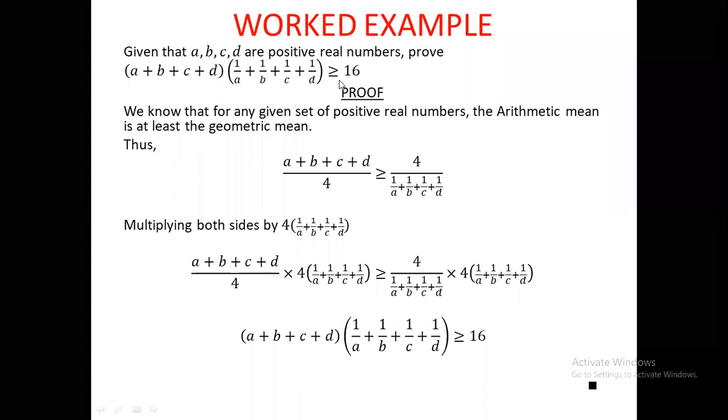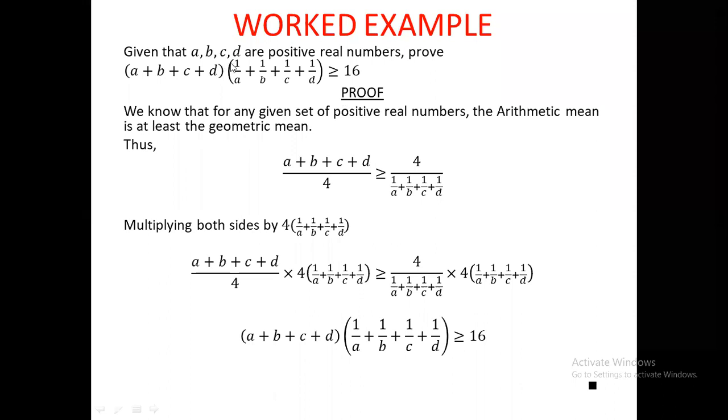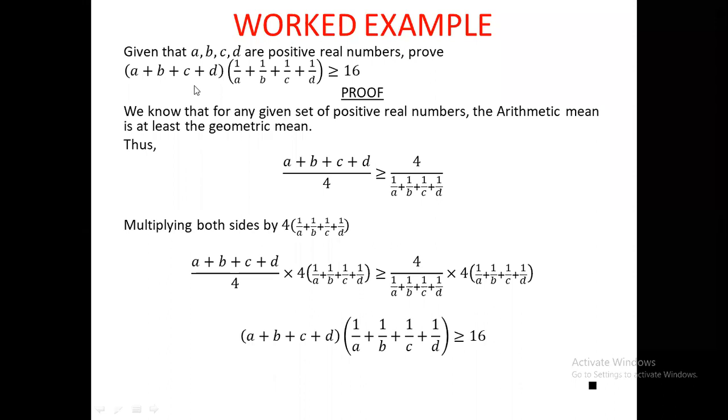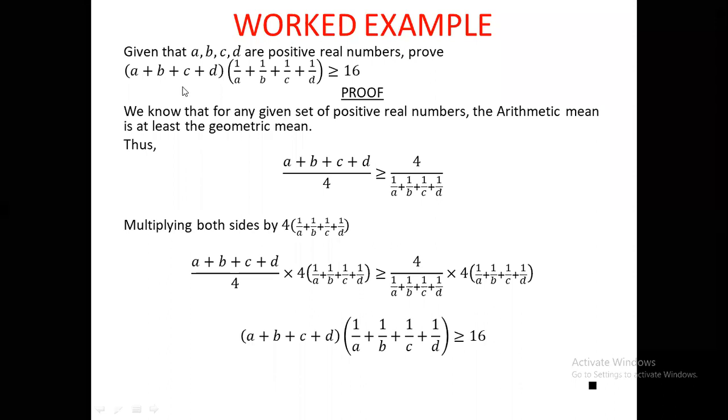So we have to prove it is greater than or equal to 16. Now, if you look at what we're asked to prove, you're seeing A plus B plus C plus D, so that gives you an idea of arithmetic mean. So we think of an inequality theorem where arithmetic mean is involved. We note that arithmetic mean may be brought to play in this problem.